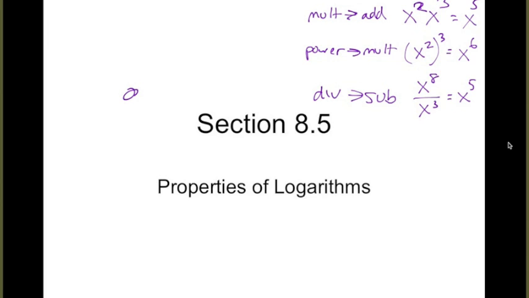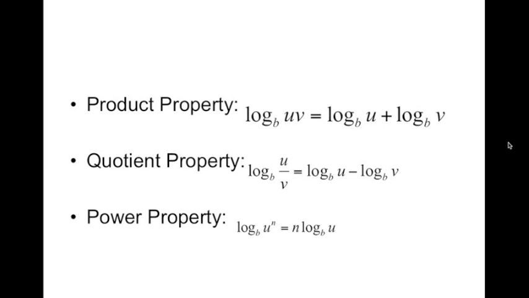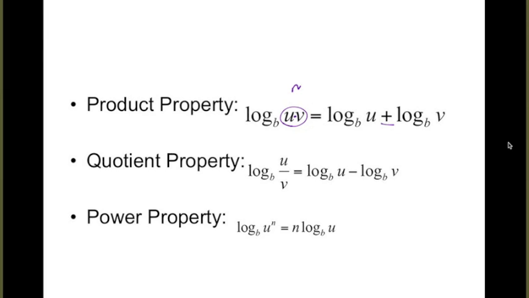So these three properties of exponents that we learned quite a while ago are going to show up in these properties of logs. But since logs and exponentials are inverses of each other, they're going to show up kind of backwards. So our first property is our product. It says that if we have a log, and inside of that log we are multiplying two things together, it's going to separate to become an addition.